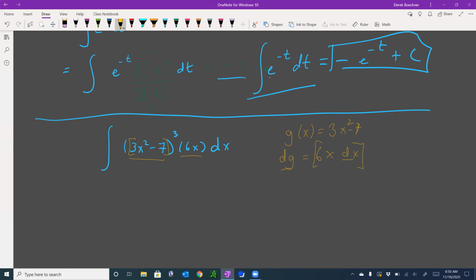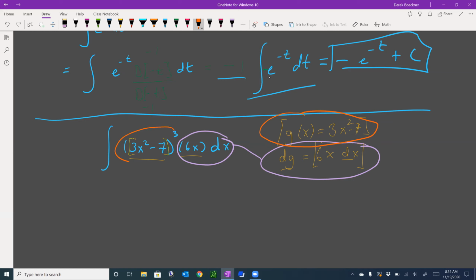And now we're going to use these two equations to substitute in here. This equation goes in right here, and this equation we're going to replace over here.